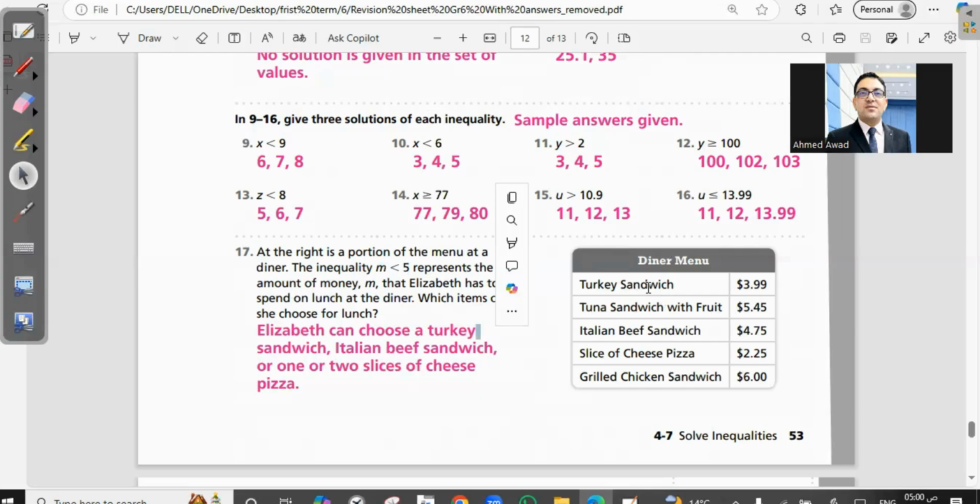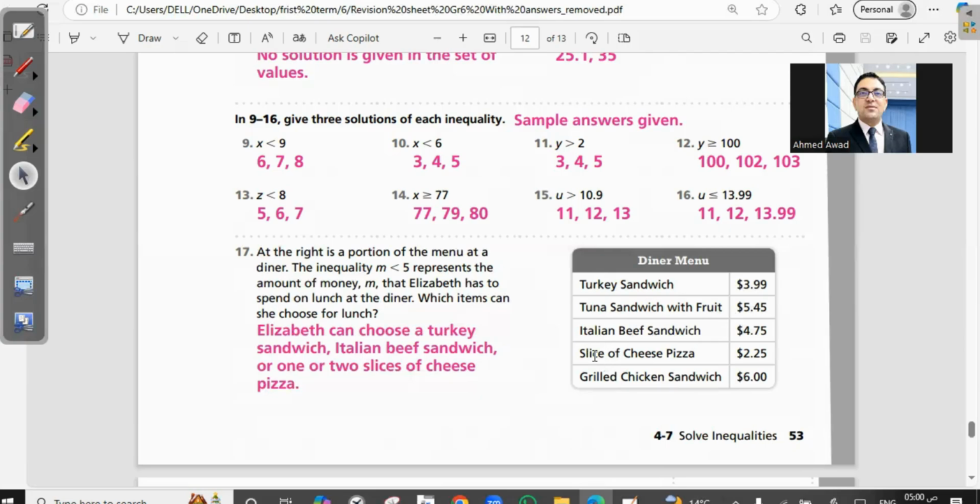So the cost should be less than 5. So she can buy a turkey sandwich? Yes. She can buy tuna? No, it's greater than 5. Italian beef? Yes. A slice of cheese pizza? Yes. Okay. What about grilled chicken? No, it's greater than 5. So any answer less than 5 is going to be correct.